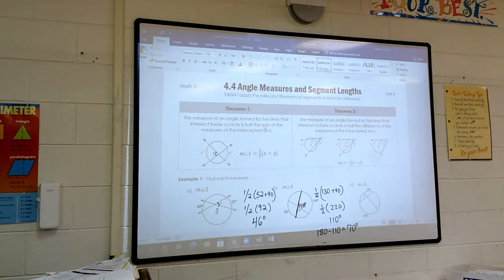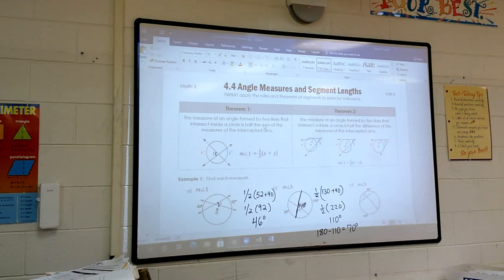So even though I didn't know the arcs for angle 5, I knew the arcs for the other two, and then I got that one, and I was able to subtract it from 180. It's the same as we've been doing the other days. I'm still able to kind of piece together the puzzle here.